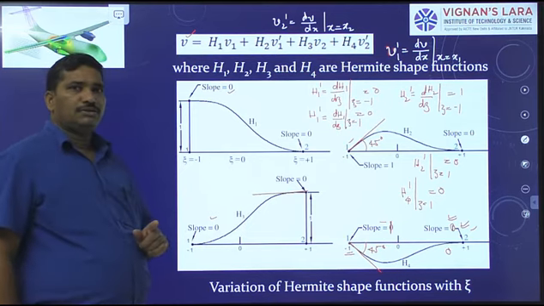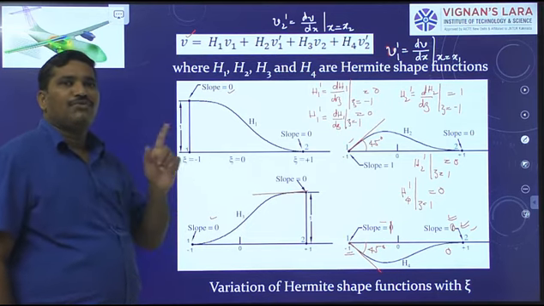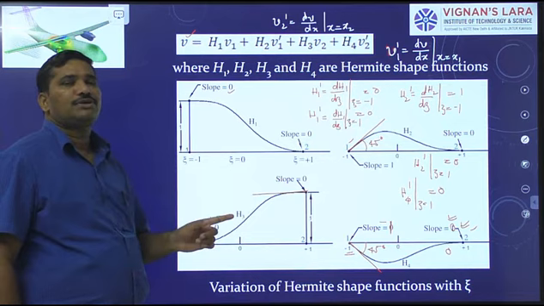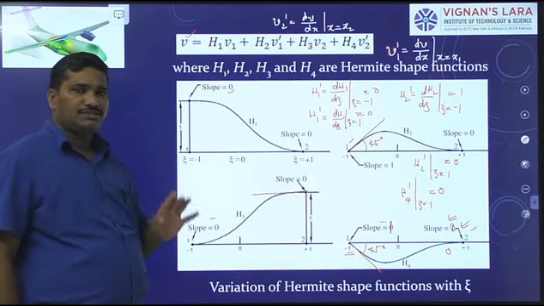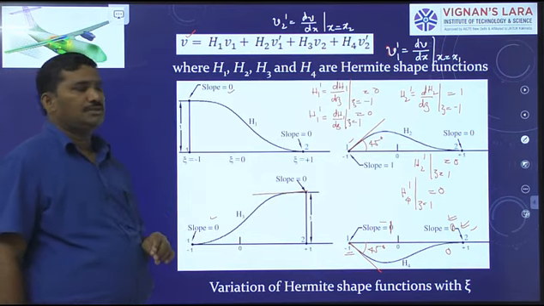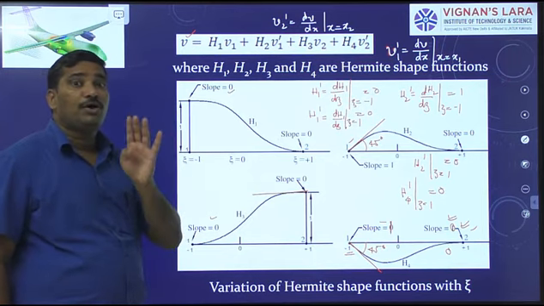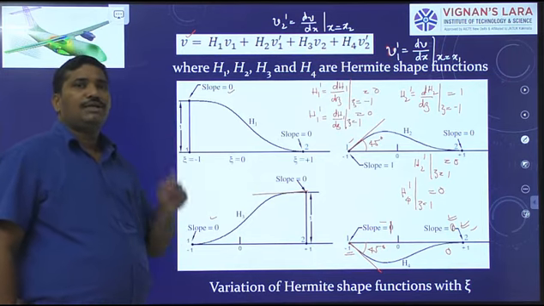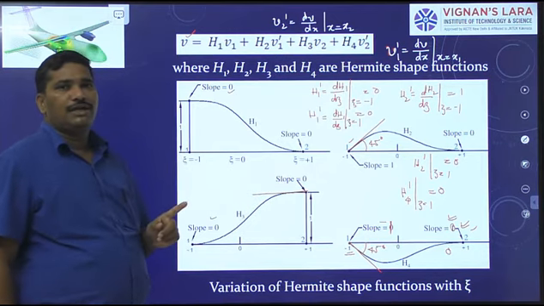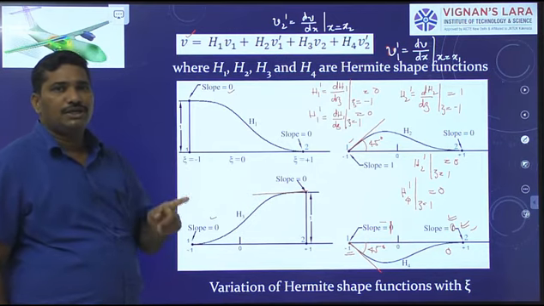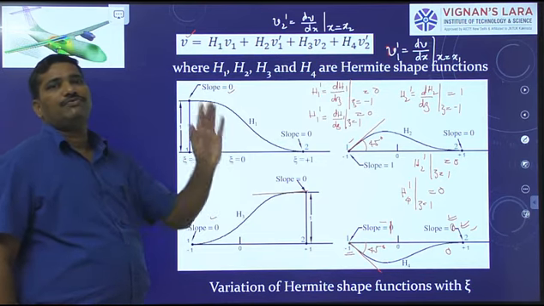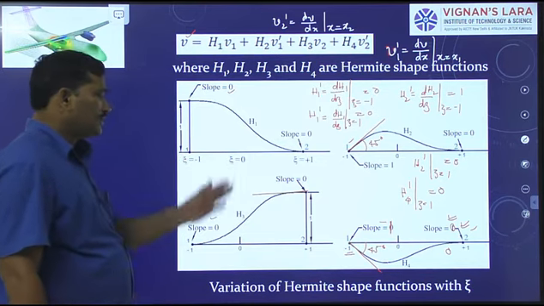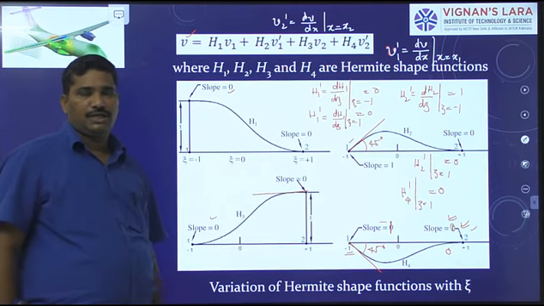We derived the Hermite shape functions in terms of the natural coordinate j. How many shape functions do we get? 4 shape functions. They are cubic polynomials. Right? They are designated by H1, H2, H3 and H4. We have also seen the variation of each shape function with respect to the length of the element. Thank you.